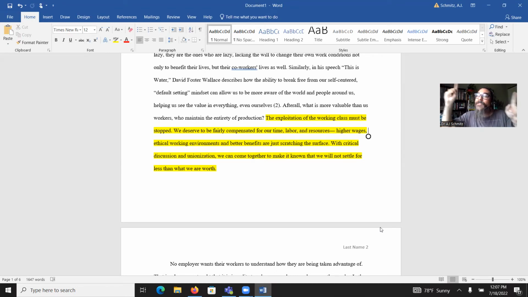They're going to use the concepts and the terminology that David Foster Wallace and Kristen Allred use to back up the point, the argument, the side of the argument specifically that this author is talking about.